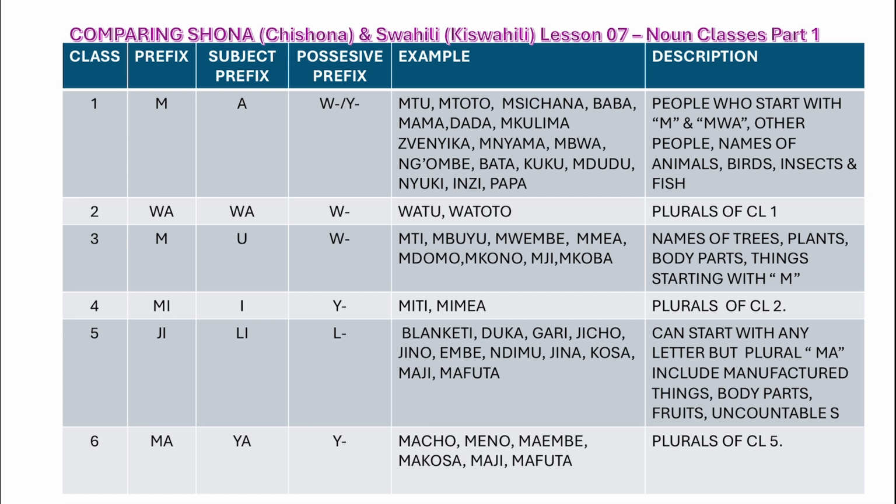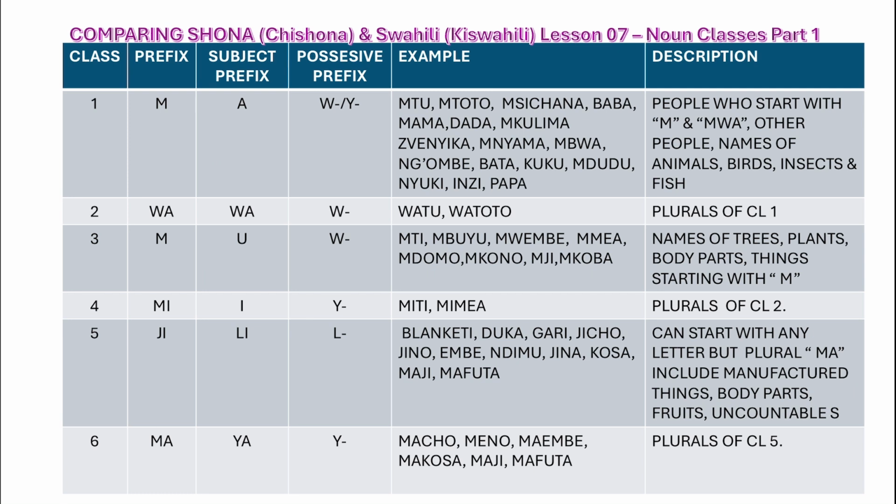Class 3 and 4, the m and mi class. This noun class normally contains names of trees, names of plants, body parts, and many things which start with m.